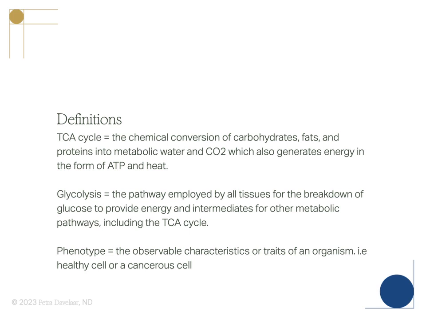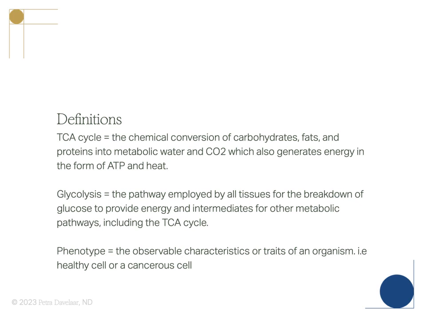Let's briefly cover a few definitions of key terms. The TCA cycle is the chemical conversion of carbohydrates, fats, and proteins into metabolic water and carbon dioxide, which also generates energy in the form of ATP and heat. The TCA cycle leads to either the net production of intermediates, which we call anaplerosis, or their net consumption by cataplerosis, based on the mode of its operation.